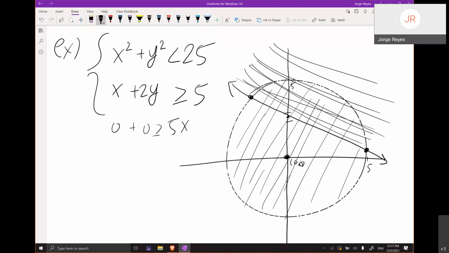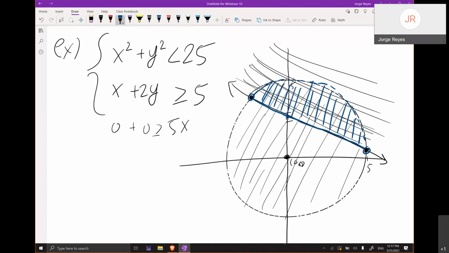So then we see that again, this should be open circles. Dotted circle, solid line. We see that this wedge, this moon slice, semicircle, that is my answer.